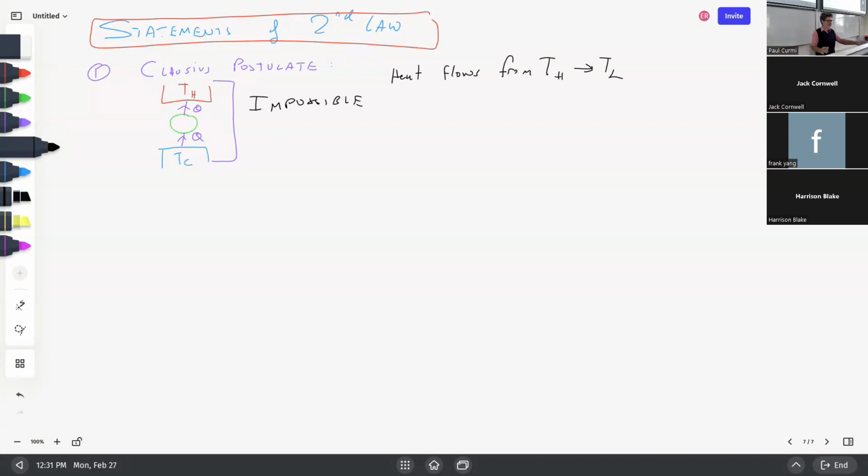So that's Clausius. So we use that to derive Carnot. Carnot was proved to be the most efficient because if it wasn't, heat was flowing uphill for no work. Okay, second version is the Kelvin-Planck statement.